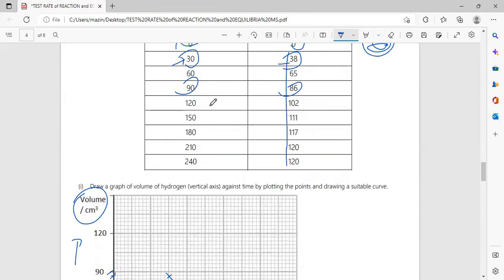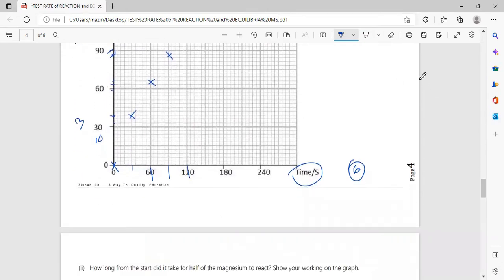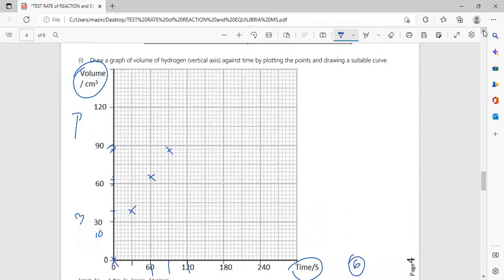Next one, it says 120 and 102. 120 is here. And where is 102? Here's 90. And what's the middle? Middle is 30 and then 45, 105 here, right?